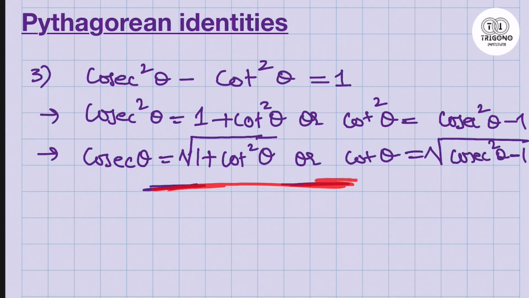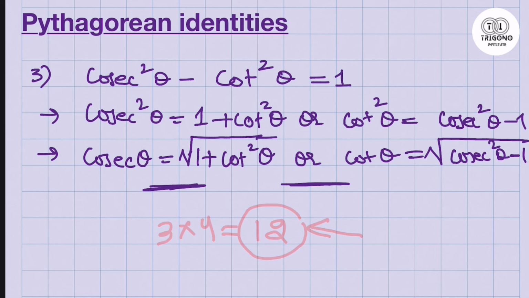So this is how you can make several identities from one identity only, because in the NCERT book you have only these three identities and you can make your own identities. You can see 1, 2, 3, 4. So in each formula we have four formulas further. So you can see 3 multiplied by 4 is 12 identities you can make by yourself from three identities only.